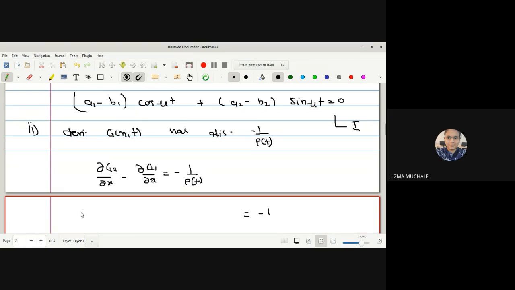What is the derivative of G2 with respect to x? Minus b1 sin mu t plus b2 cos mu t, into mu. Sin mu t, cos mu t.